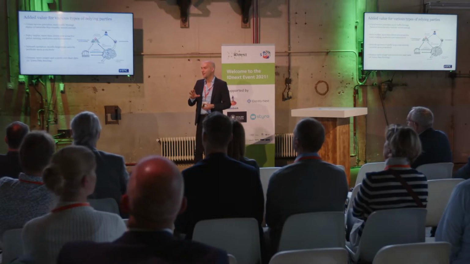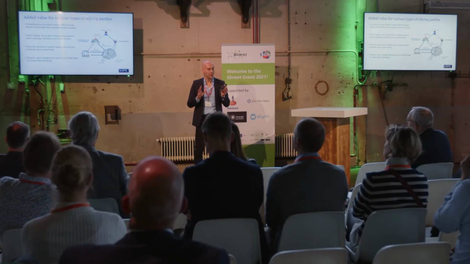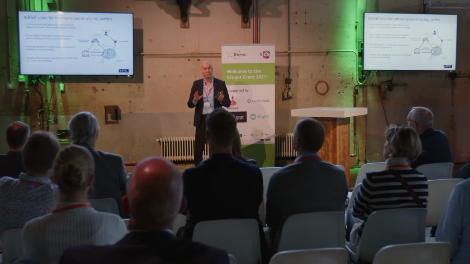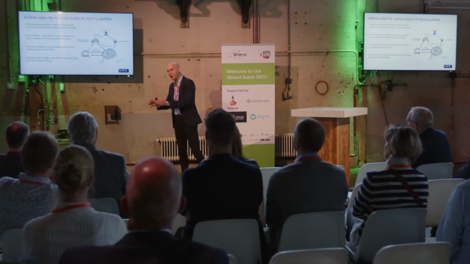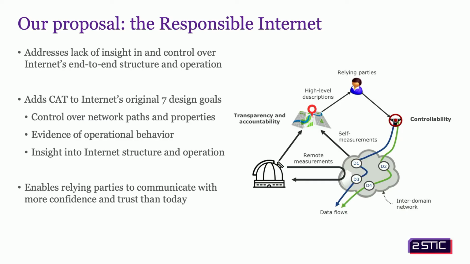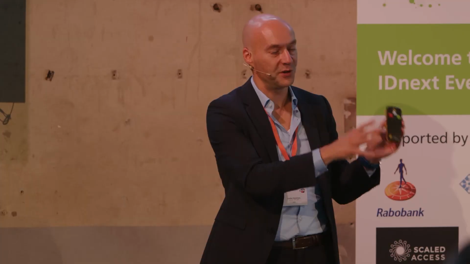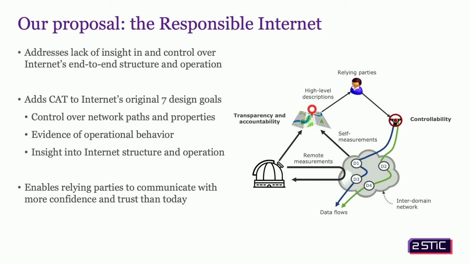They can have more control over which autonomous systems they want to use for forwarding their traffic. So rather than running their own network, they can simply use the shared responsible internet to transmit their data, because they know to what level they can entrust the various networks through which their data flows.